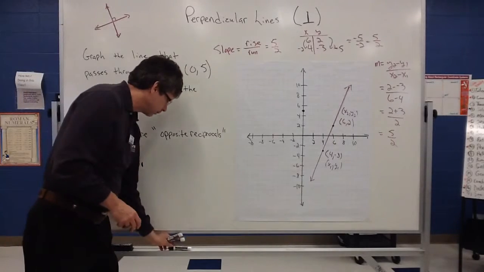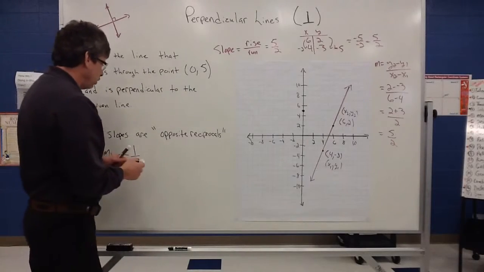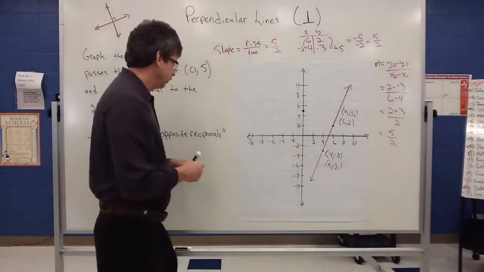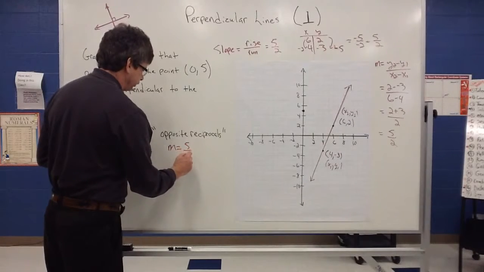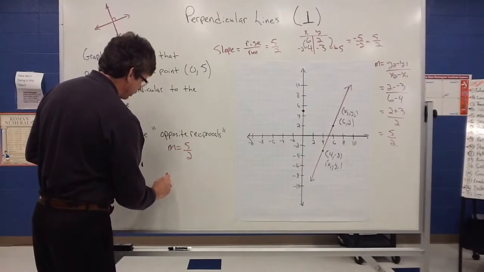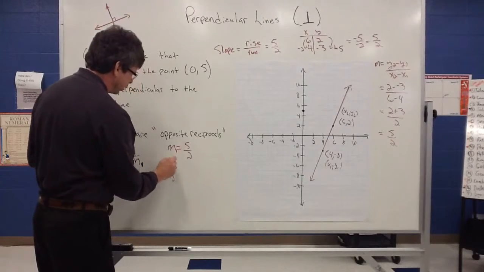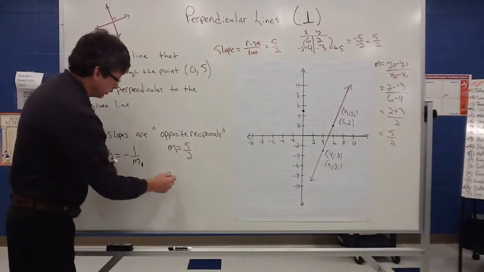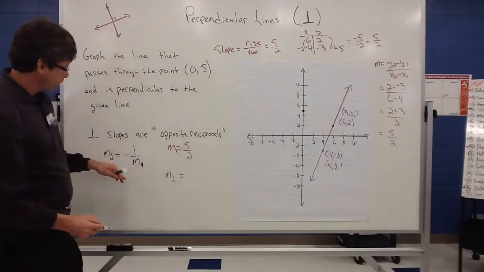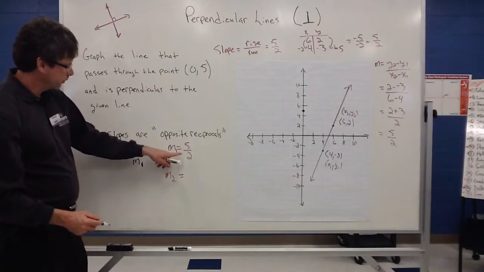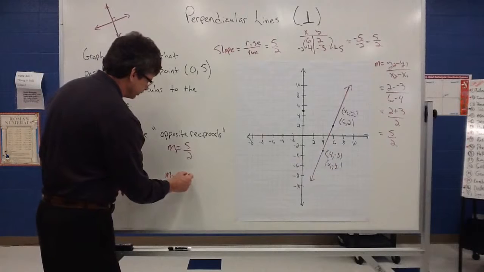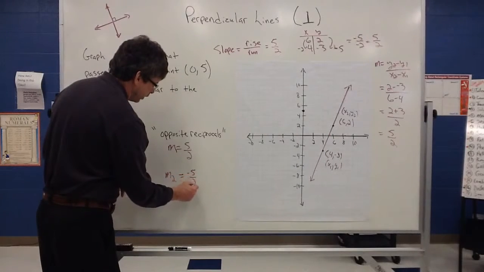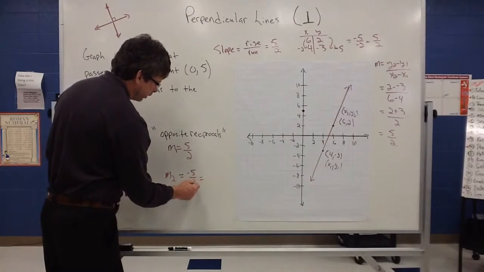So if I know what the slope of this line is, which we said is 5/2, if I call this slope 1, the slope of the second line, what this tells me to do is take the opposite of 5/2, which is -5/2, and then I also have to flip it.